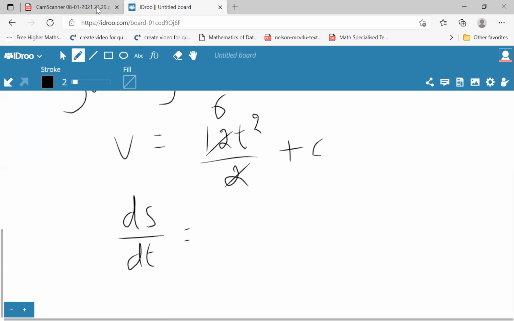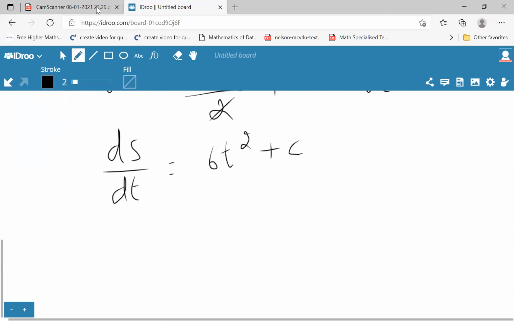So ds by dt is equal to 6t squared plus c, or let us bring dt this side. So ds is equal to 6t squared plus c.